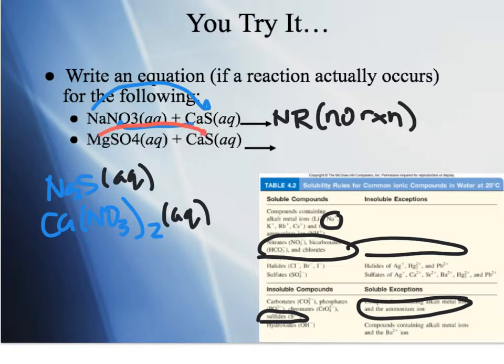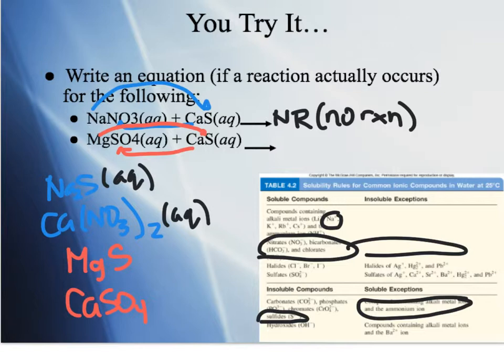Magnesium is going to go with sulfur, and calcium is going to drop sulfur and go with sulfate. All right, and so our potential products are MgS, positive 2, negative 2, so that's perfect, and CaSO4, again, positive 2, negative 2, so we don't need to crisscross.